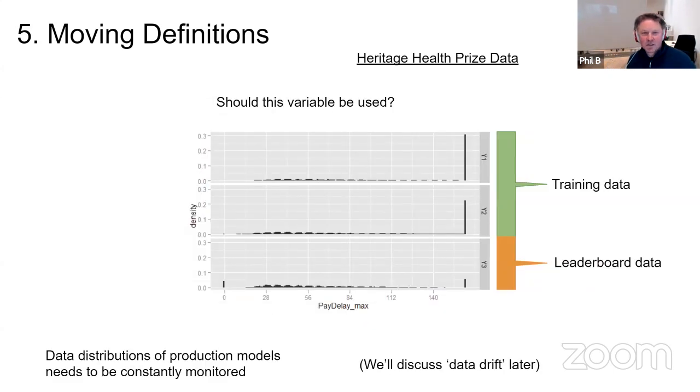Again, this is another example of a moving definition. This was one of the Kaggle competitions, the Heritage Health Prize, we took part in. We were given 3 years of data. The top one's year 1, then year 2, and year 3. On the x-axis is a variable we didn't know about, called pay delay max. In the top 2 charts, there's a big spike right at the right-hand side.